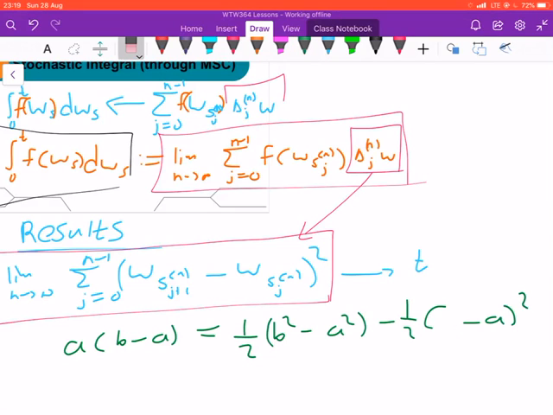Let me just put this very well. As you can see from this side, a happens to be our W of t_j, and this one is going to be W of t_j too.